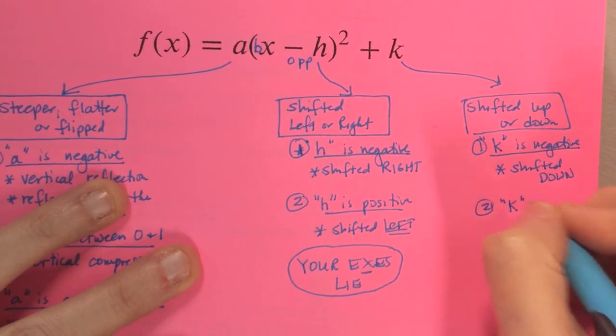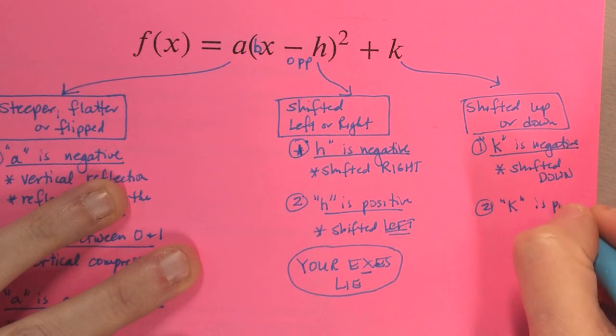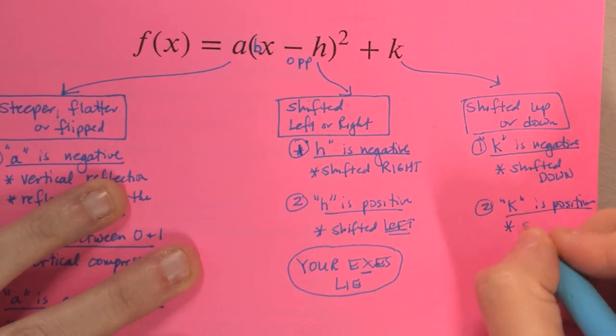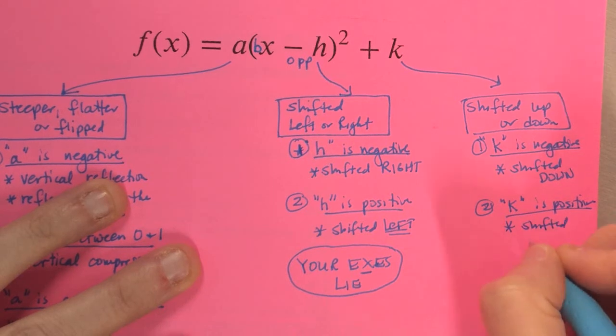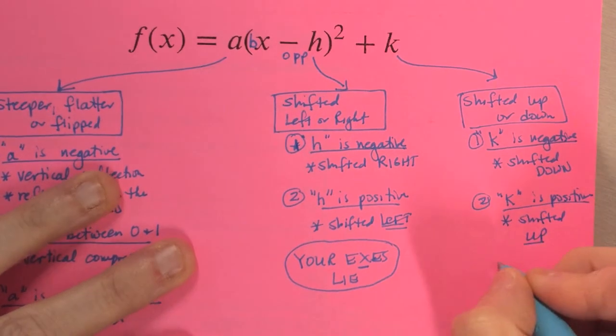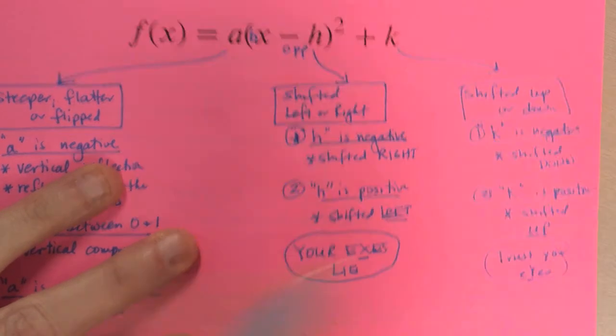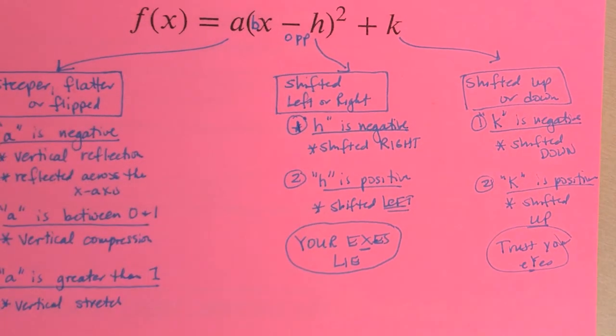If K is positive, you are shifted up because you trust your Y's. Trust your Y's, your X's lie.